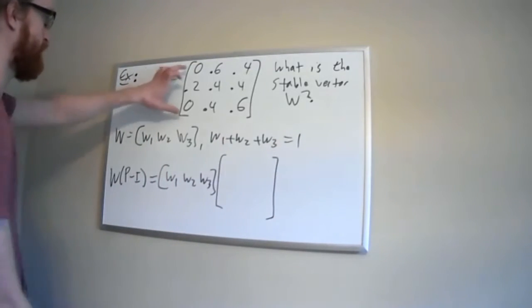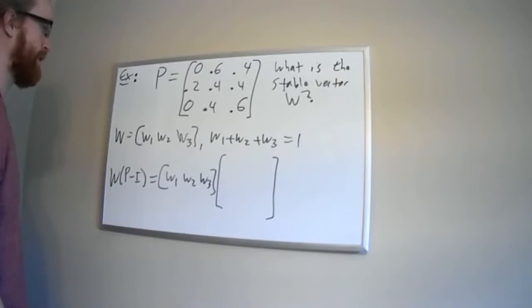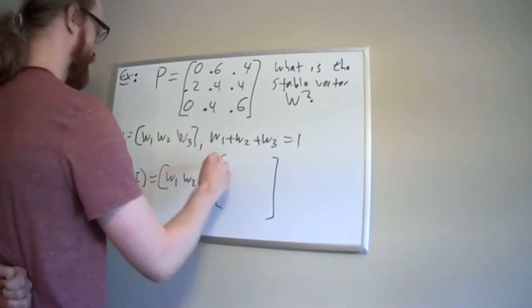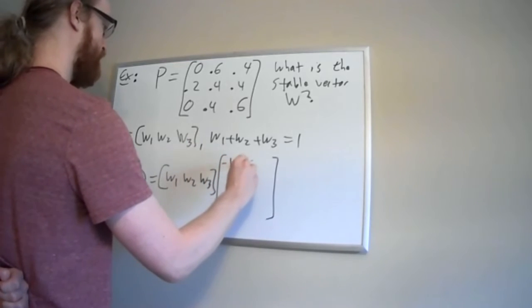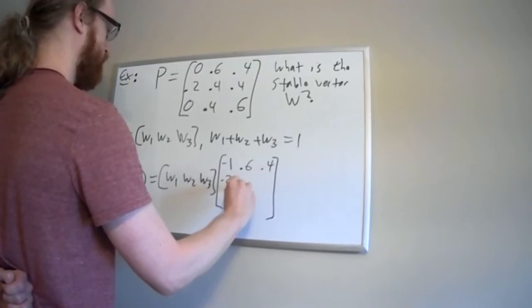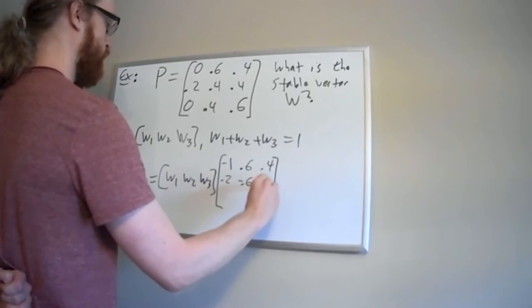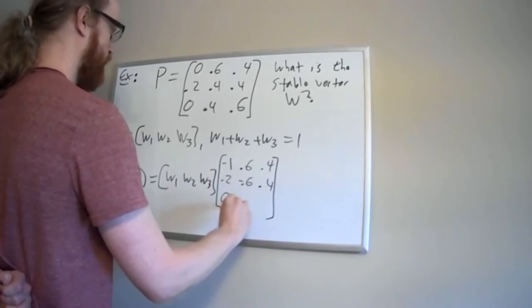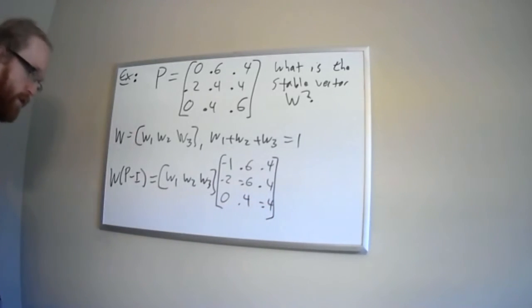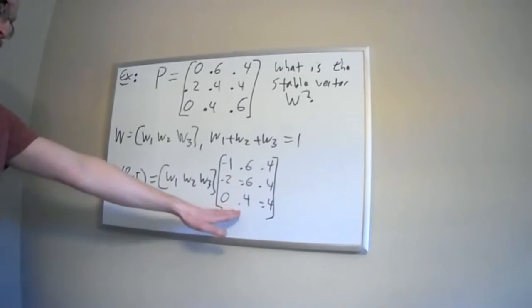Well, I just take this matrix and I subtract the 3 by 3 identity matrix. And so if I do that, this is what we should get. Negative 1, 0.6, 0.4, 0.2, negative 0.6, 0.4, 0, 0.4, and negative 0.4. So this here should be our P minus I matrix.